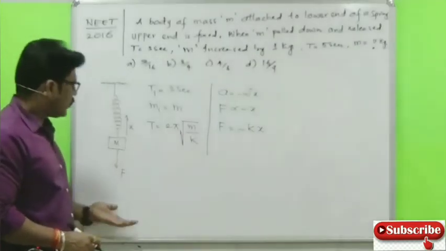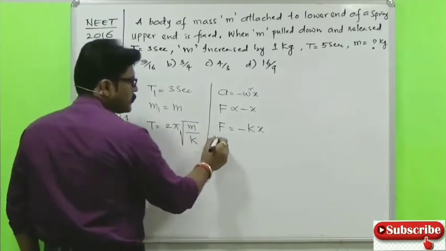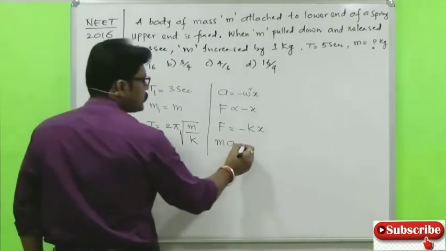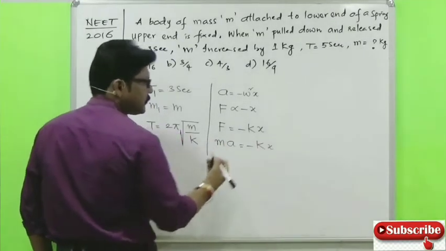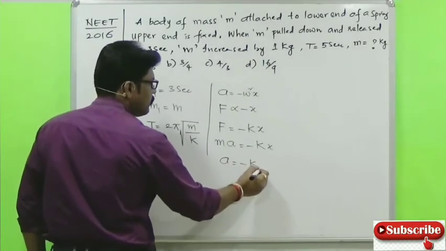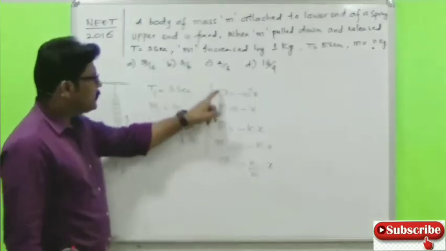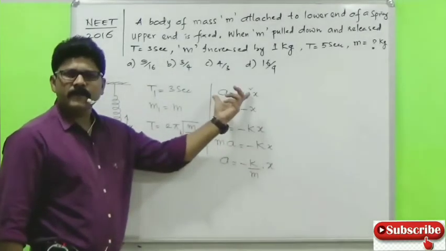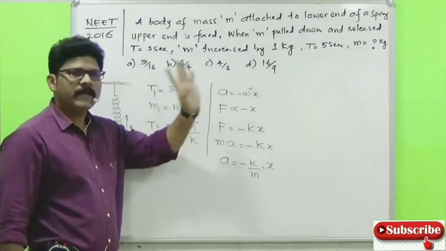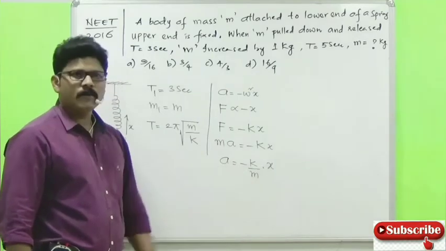Now F, which is mass into acceleration, equals minus k into x. This can be written as acceleration equals minus k by m into x. So when you compare these two equations, this already we discussed for a simple harmonic oscillator, acceleration a equals minus omega square into x. Now this is a equals minus k by m into x.